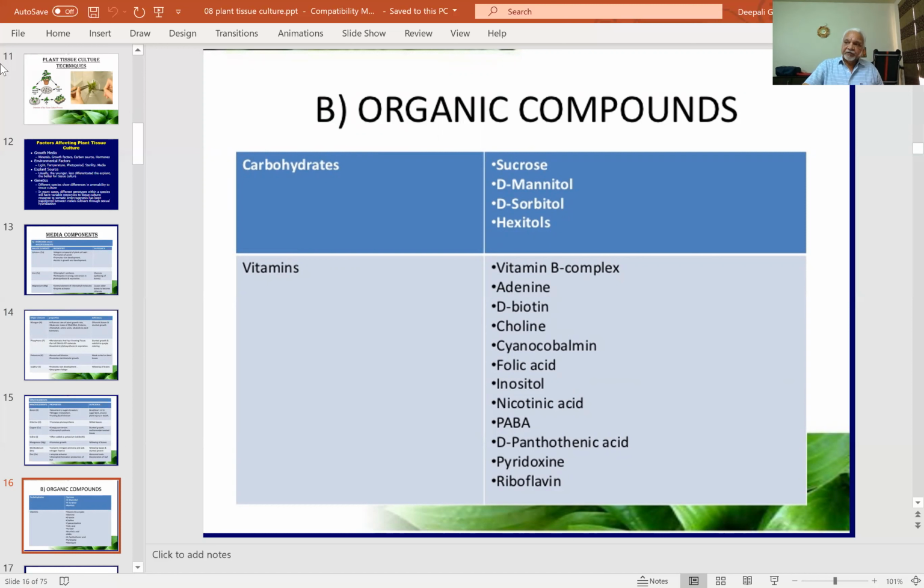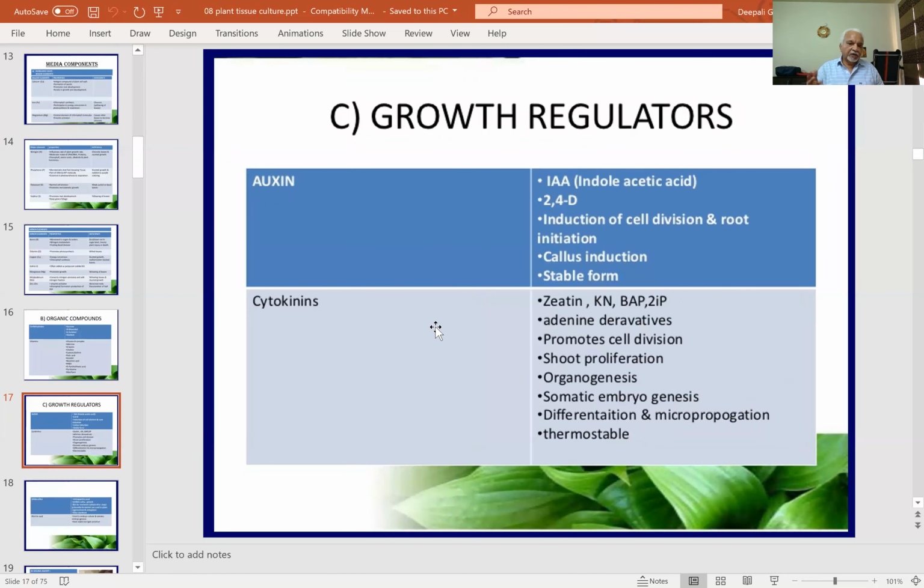Then vitamins are a very important component of the media because, like the animal system, plants also require vitamins for their metabolic processes. So a variety of vitamins have been tested and used, and then you have growth regulators, which have to be there.